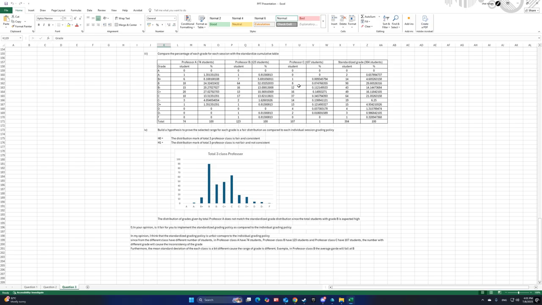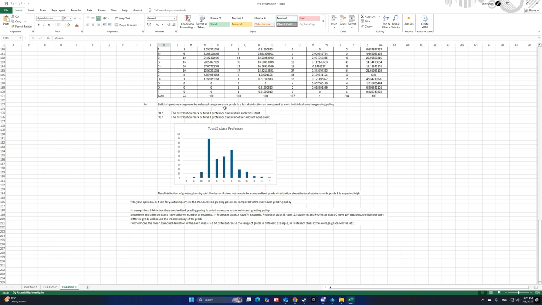The percentage for each student to get a certain grade is different from the combination for all professors. So from the data above, we can build a hypothesis to prove a selective range for grade fair distribution compared to each session regarding the policy.